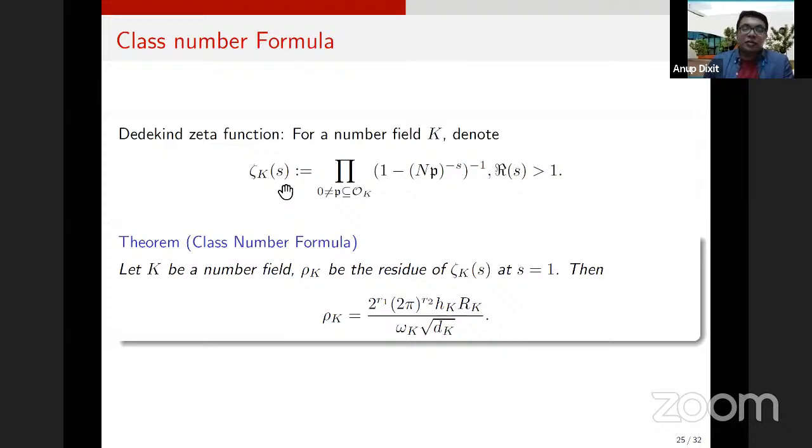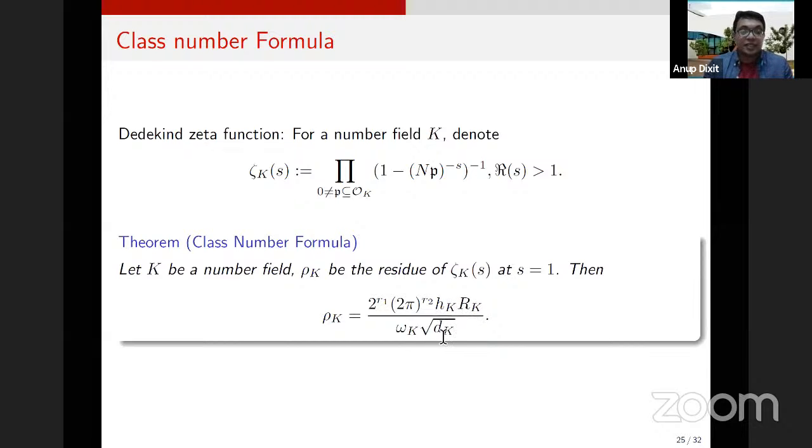So the class number formula tells us the following. Suppose ρ_K is the residue at s = 1 of the Dedekind zeta function. As I just said, it has a simple pole at s = 1, so let's say ρ_K is the residue. Then there's a beautiful formula which relates the residue with all the known invariants coming from the number field, like the class number and the regulator.